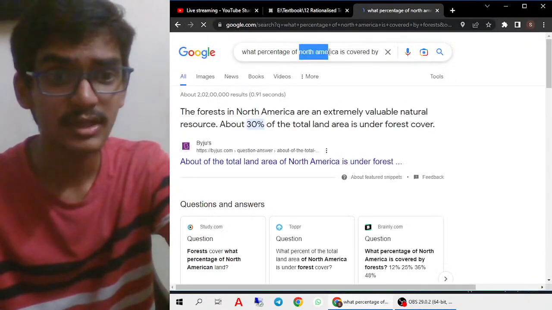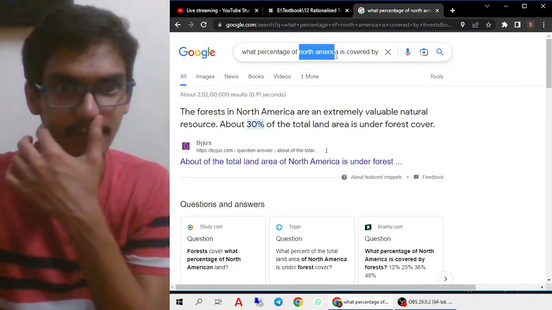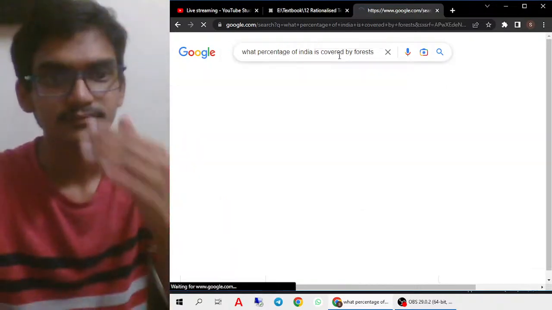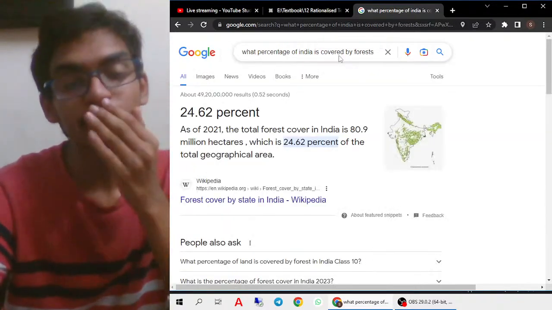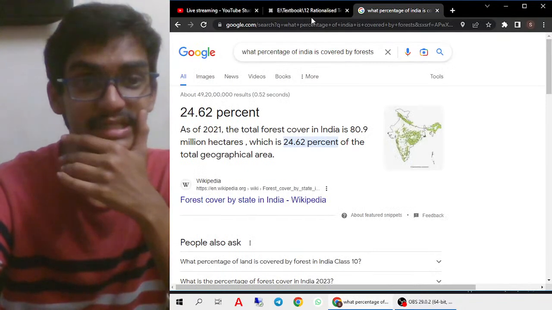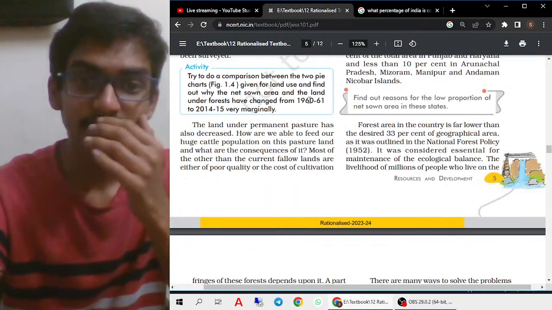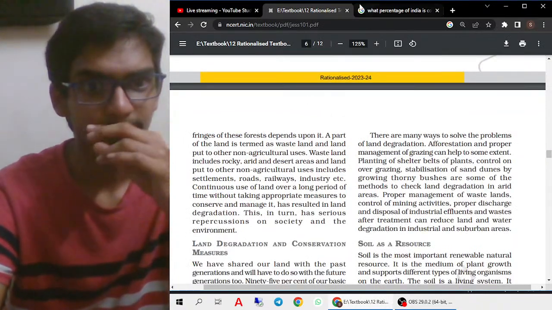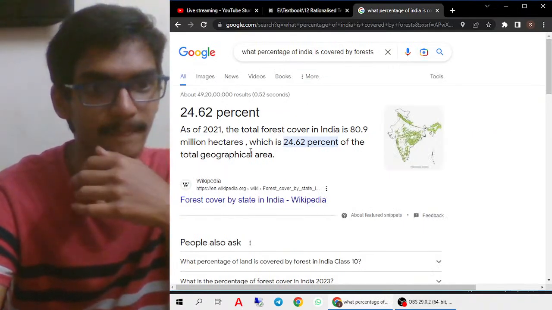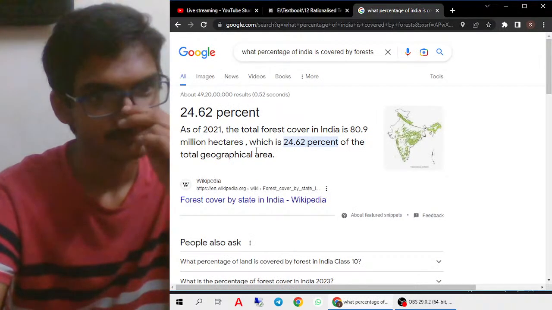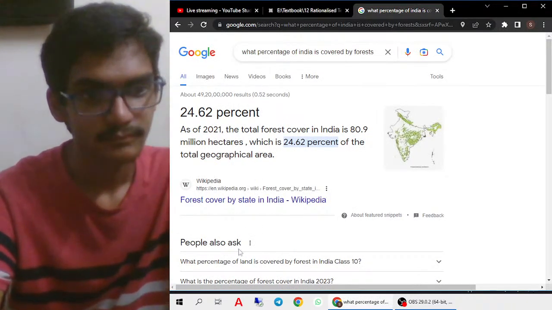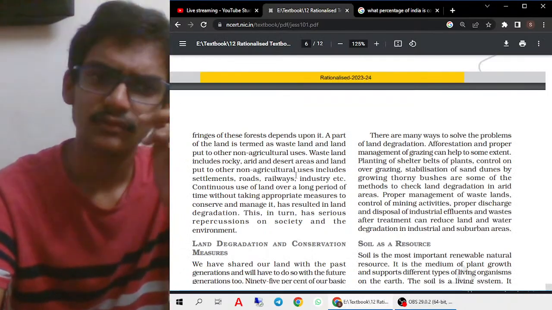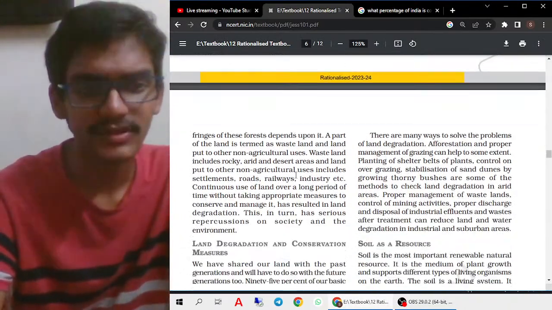North America has about 30% of the world's forests. In India, see, only 24%. That is very much less. It should be 33%. In the African countries it is 33%, but in our country it is only 24%. You must remember this, as it will help in adding good points to your answer.